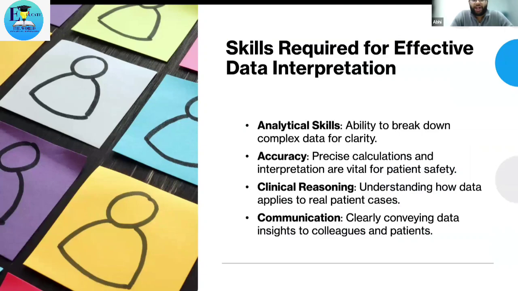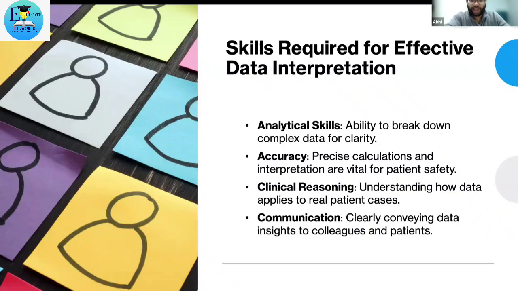The skills required for good data interpretation include, but are not limited to, analytical skills: the ability to break down complex data for clarity, especially in a high-pressured situation. Then accuracy, using good, reliable methods and systems to understand what that data means, and using it in the whole clinical picture.